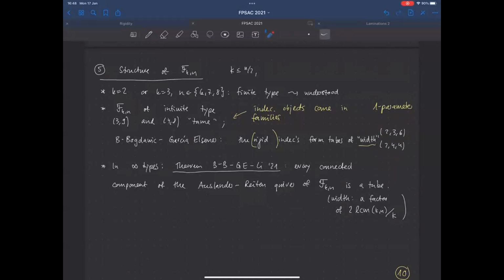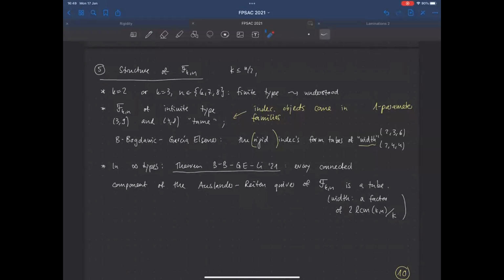They have been known for a while, but in all the other types, what we can show now is still that the indecomposable objects fit nicely together in tubes, which means you can start with some known objects, for example, the rank 1 ones, and then build up new ones by considering short exact sequences.